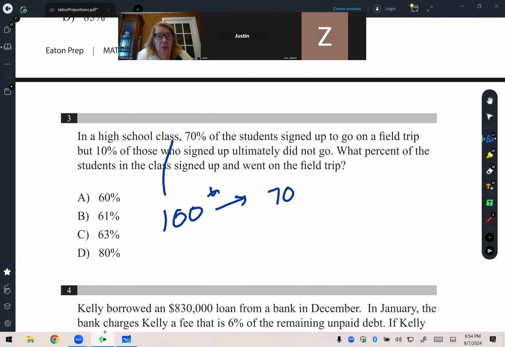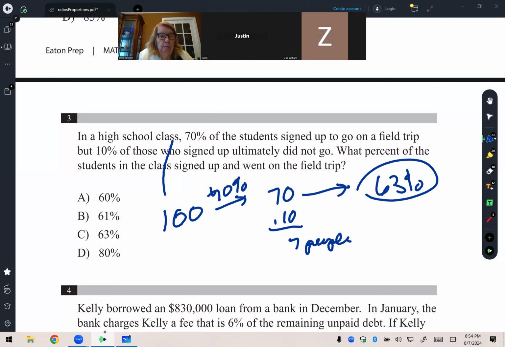And then only 10% didn't go, so that meant 7 people didn't go. So we're left with 63%. And again, the beauty of picking 100 when you're tracking percents.